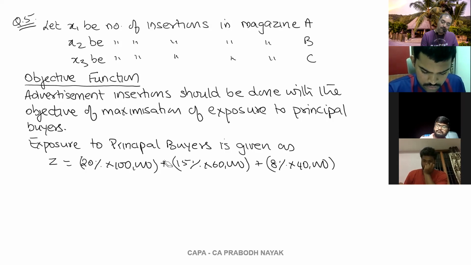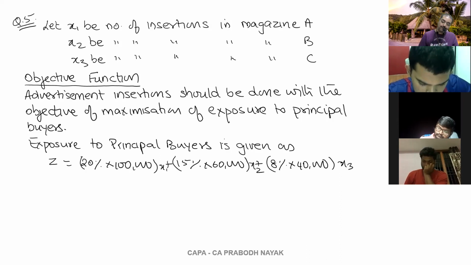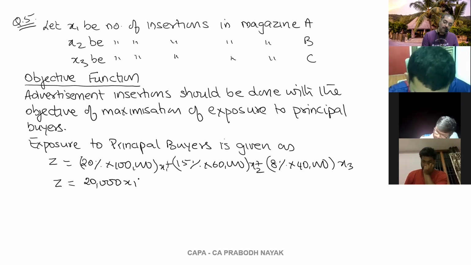So it is 20% of 1 lakh into X1 plus 15% of 60,000 into X2 plus 8% of 40,000 into X3. So I can reduce this to 20,000 X1 plus 15% of 60,000 is 9,000 X2 plus 3,200 X3.